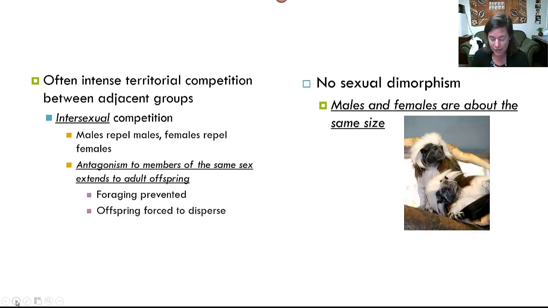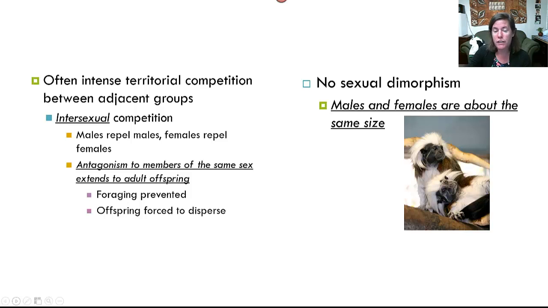They're usually very antagonistic towards them, and they prevent them from foraging in high-quality areas. They generally force the offspring to disperse to a different territory, and often this antagonism results in physical aggression, biting, chasing, and can be very, very intense.